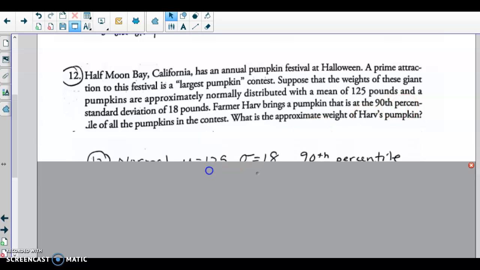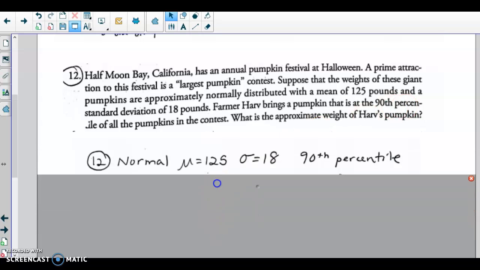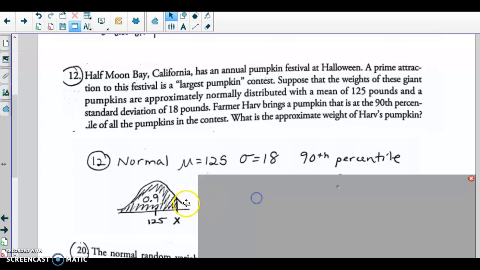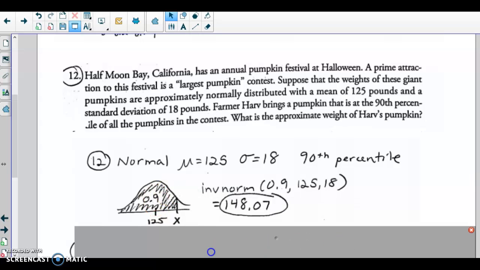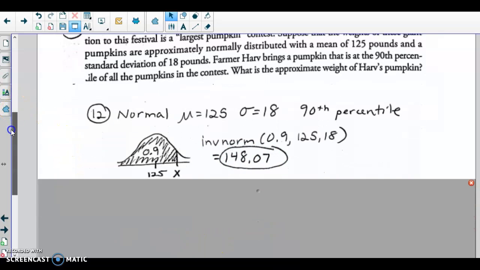So if I sketch that in a normal curve, Harv's pumpkin, that's x here, has 90%, or 0.9, of the area of the normal curve below it. So this, again, is an inverse normal. I do the inverse normal of the left tail for the given mean and standard deviation, and a pumpkin weighing around 148 pounds is the 90th percentile.